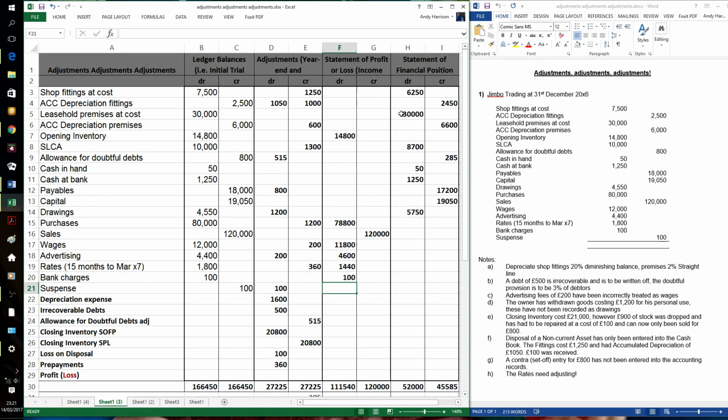That clears, 1 credit, 1 debit. That's an expense, as is that irrecoverable debt. But that is sundry income. That tells you where it's going. Loss on disposal is an expense, but the prepayment is a current asset.